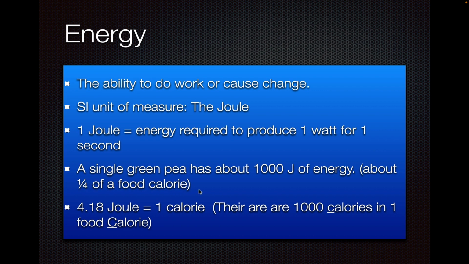Calories are interesting too, because calories, as you read them on the back of a food label, actually use a capital C to represent that, which is actually a kilocalorie. So in the science world, 1 calorie equals 4.18 joules. That's our relationship between those two things. But when you read a food label, if there's 100 calories in something you're drinking, they're actually taking that times 1,000.